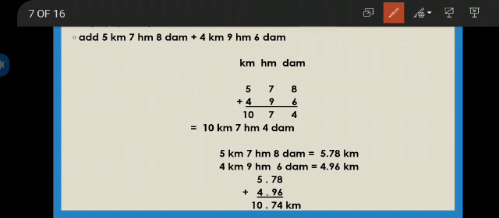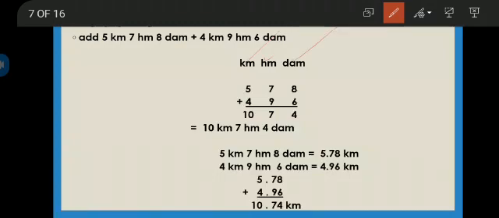Add 5 kilometer, 7 hectometer, 8 decameter with 4 kilometer, 9 hectometer and 6 decameter. Students, first you have to arrange these units in column.